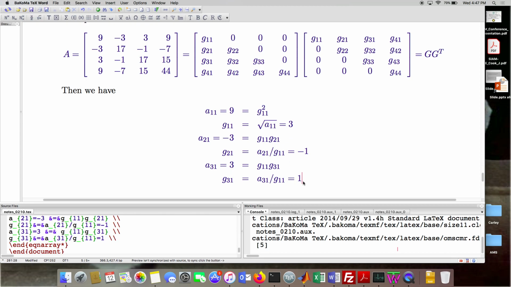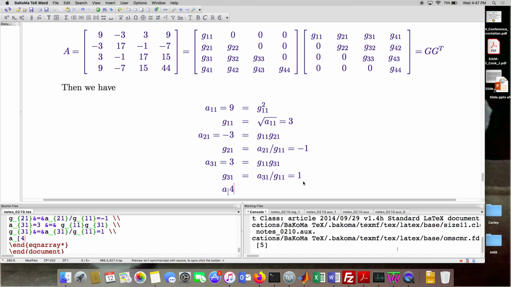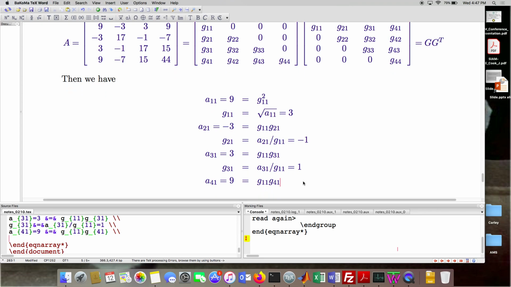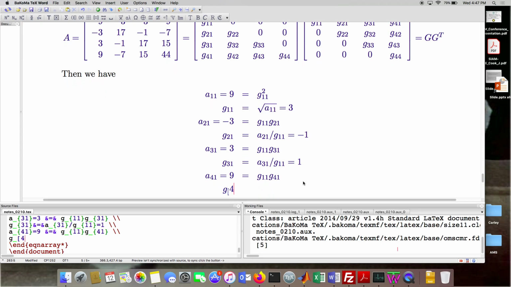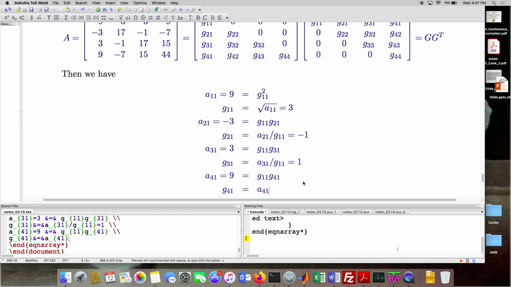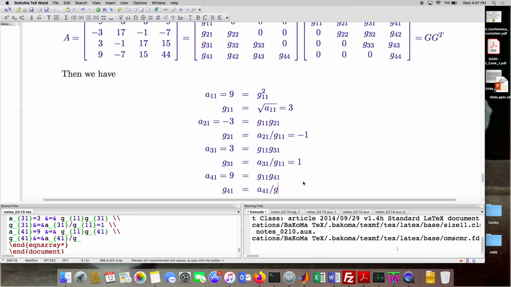And then finally, we could finish off the first column. That's going to work out the exact same way. So the first column is always going to work out as just dividing the corresponding entry of A, so A41 divided by G11, and that is equal to 3.